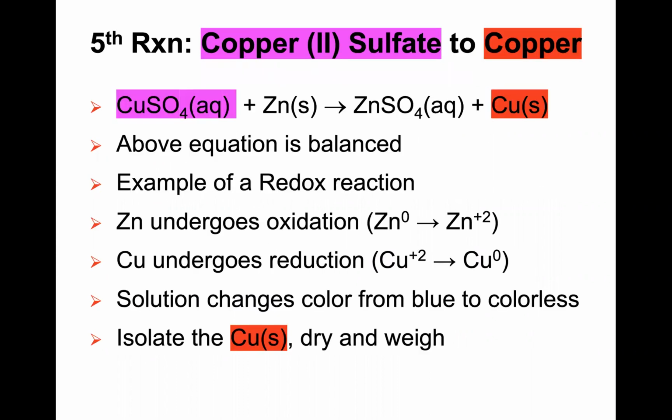The fifth step of reaction is to convert the copper sulfate back to elemental copper. In this case it is actually an oxidation-reduction reaction, so we will call it a redox reaction. We use zinc powder to reduce that. You can see zinc goes from 0 to 2 plus, and copper goes from 2 plus to 0. And you also see the color change in the solution. Why?